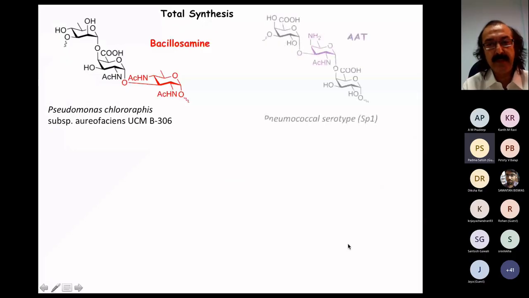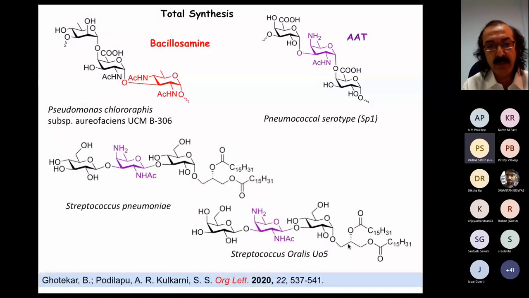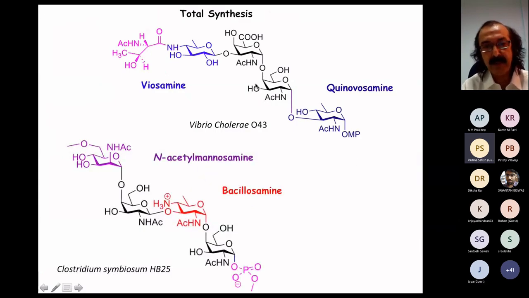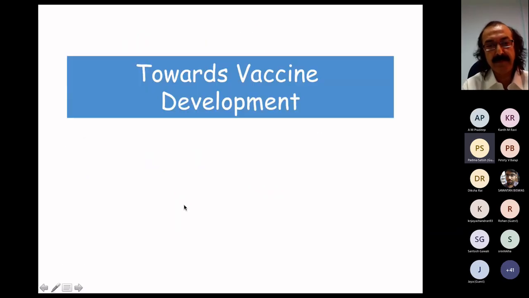And more recently, our lab has synthesized these two from Pseudomonas and pneumococcal serotypes, and this one is from Streptococcus pneumoniae. These are recent works, and we are still in the last phase of completing the synthesis of this Vibrio cholerae glycan, which has even more complex sugars like viosamine attached with the amide, and this one has a bacillosamine.